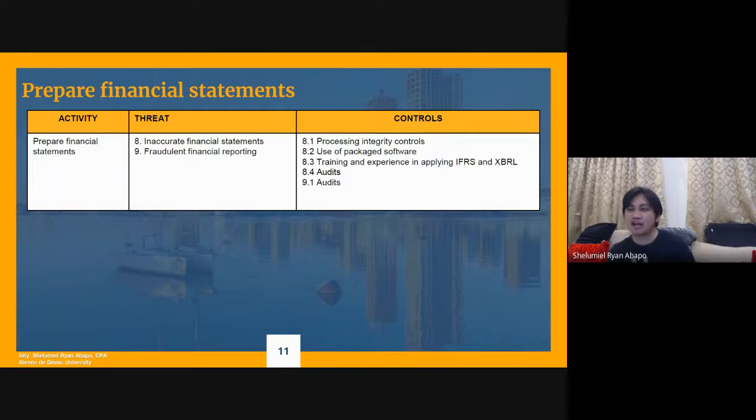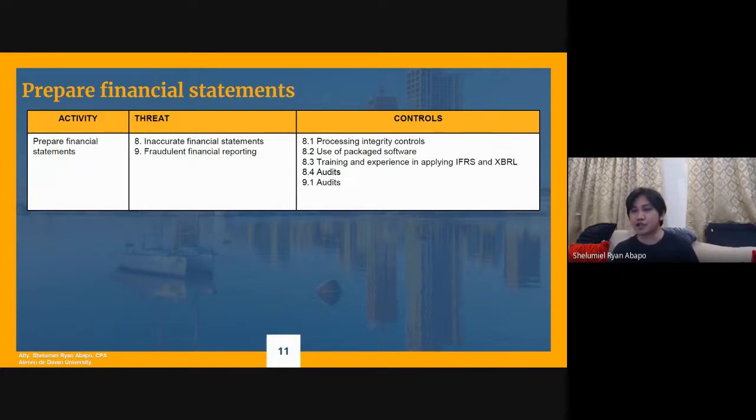So XBRL is more of a reporting language which can be used in an automated financial accounting information system that you will have to use side by side with the traditional or legacy financial reporting standards.